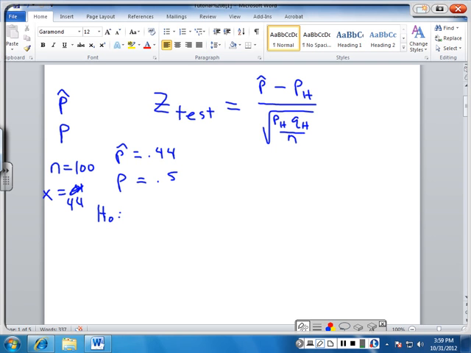So this would be the statistic, 0.44, minus the hypothesized parameter over the standard error, which is p0, that's what we had right here, 0.5. That's the proportion we hypothesized to say yes, and the complement of that, 1 minus that, is also 0.5 in this case.